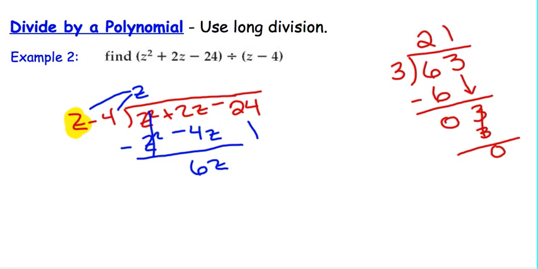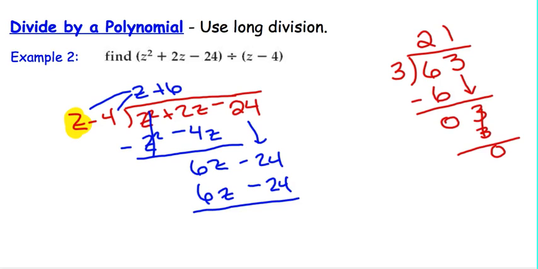Bring down my minus 24. And then I go back over here and look at this z again. What do I have to multiply z by to make it 6z? Well, that is 6. So 6 times z is my 6z. 6 times the negative 4 is negative 24.